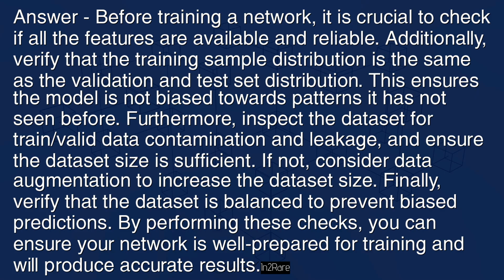Furthermore, inspect the dataset for train/valid data contamination and leakage, and ensure the dataset size is sufficient. If not, consider data augmentation to increase the dataset size. Finally, verify that the dataset is balanced to prevent biased predictions. By performing these checks, you can ensure your network is well prepared for training and will produce accurate results.